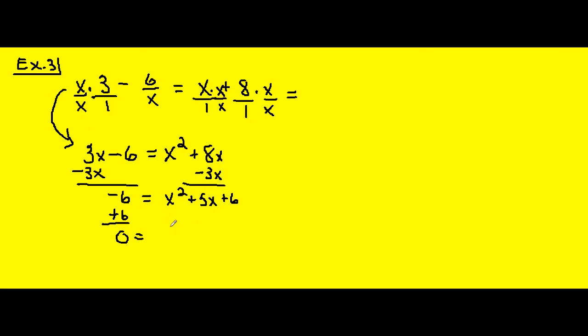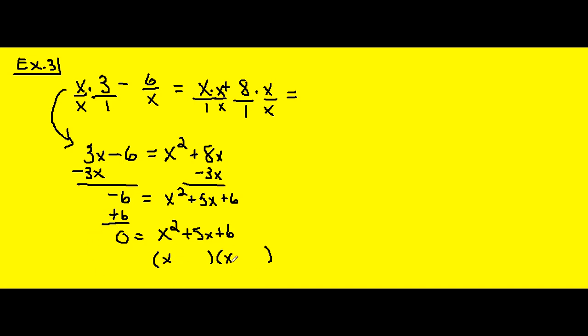I could rewrite it if you want, or, well, I guess I will. X squared plus 5x plus 6. And I've got to factor this now to solve for x. Alright, so that means what? It's the easy one, so I'll set my parentheses up, like so, and fill it in.